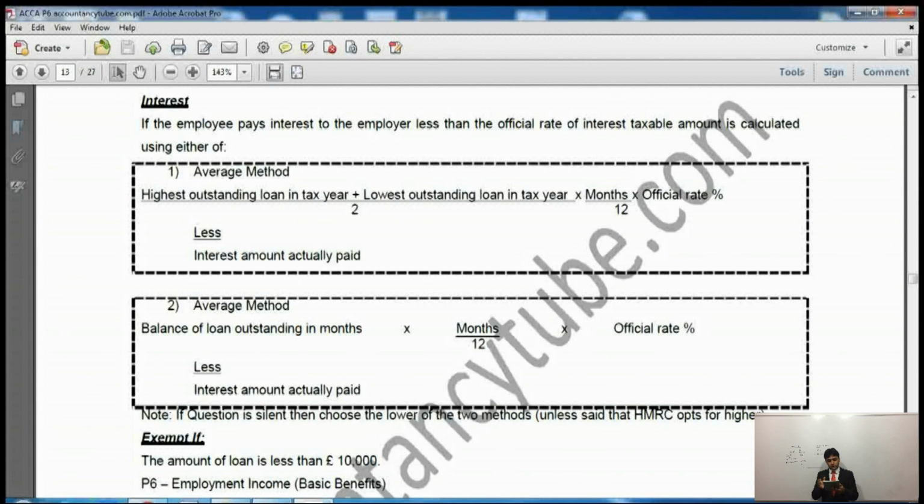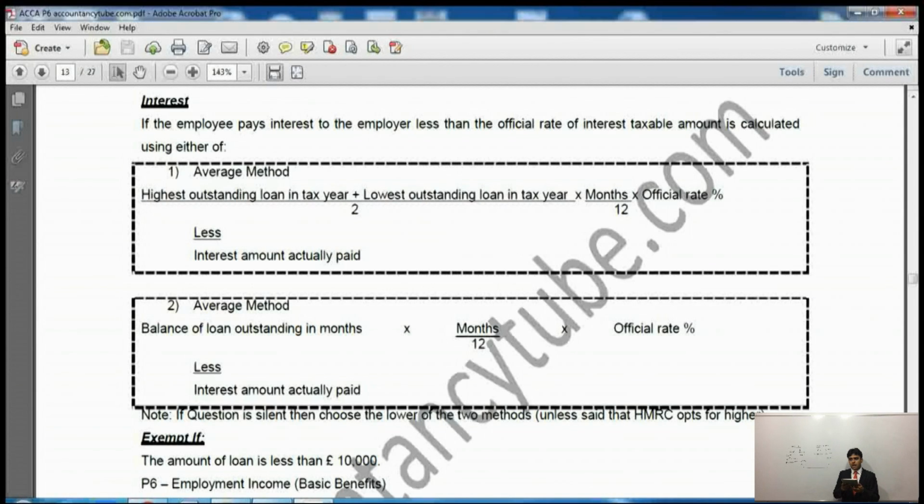So I will have to take the highest loan during a tax year, which would be £10,000, plus the lowest loan during a tax year, whatever it will be, and I will have to divide by 2, multiply it by months over 12, whatever the months were, and multiply it by the official rate of interest, which is 3%. Now what I will have to deduct out of it is the amount actually paid, how much interest I actually paid. So whatever the balance is, I will have to compare it with the second method.